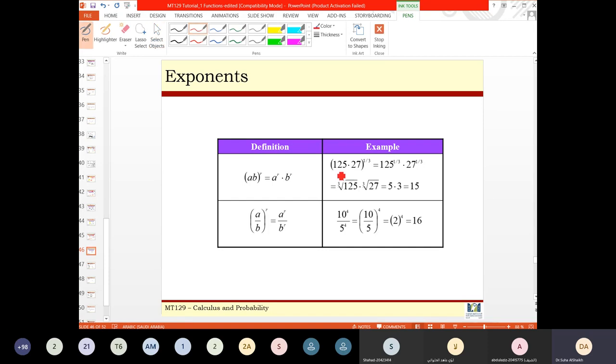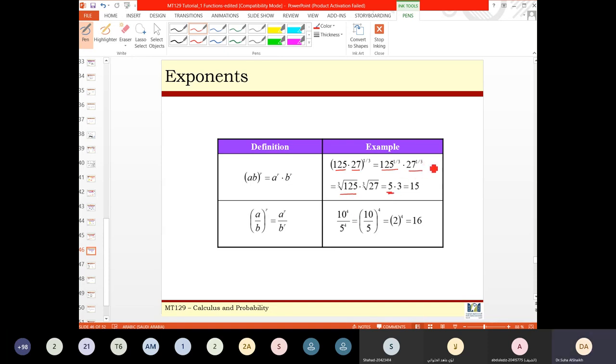So for example, I have 125 multiplied with 27 all to the power third. It can be 125 to the power third and 27 to the power third. 125 to the power third is the third root of 125, which is 5.